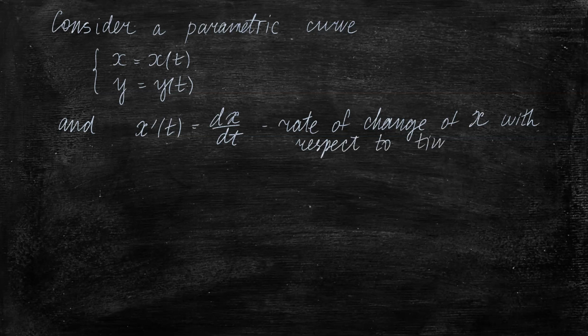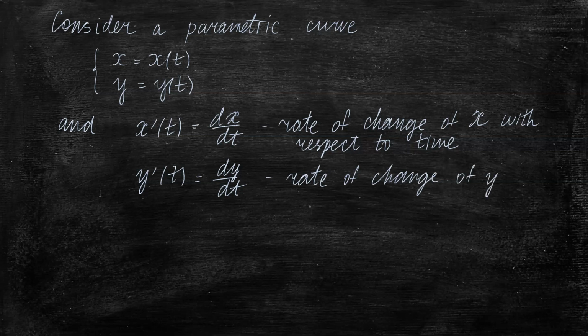So this quantity basically tells us how fast x changes. And similarly, this quantity, the derivative of y with respect to t, is the rate of change of the y coordinate with respect to t, the parameter t, which I call time, but it doesn't have to be time, but just the parameter t.